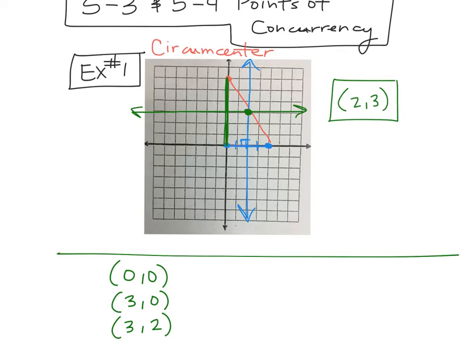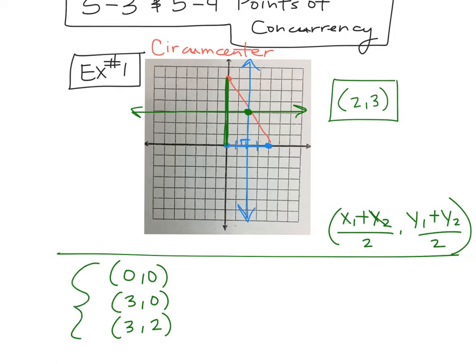So think of it this way. The midpoint formula is this. Remember this one? X1 plus X2 divided by 2 and Y1 plus Y2 divided by 2. Okay? That's what we're going to do. We're going to do the midpoint formula with these 3 points.